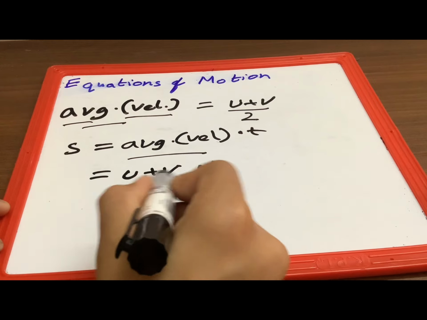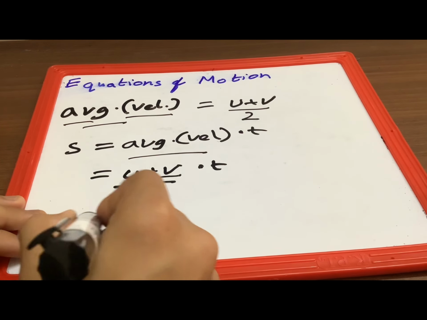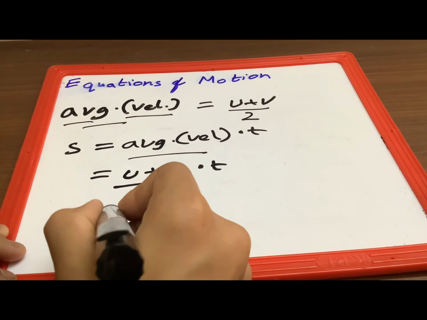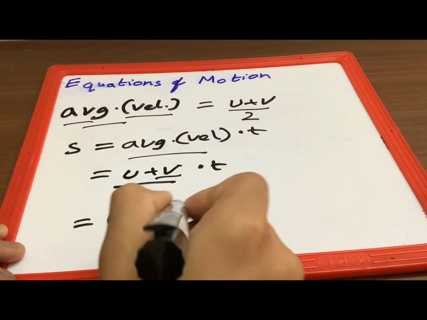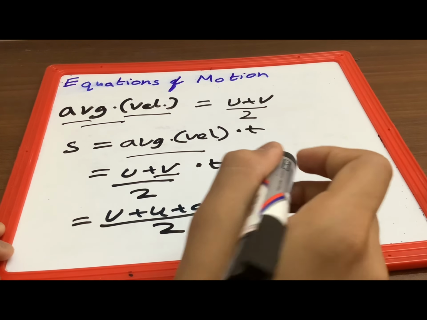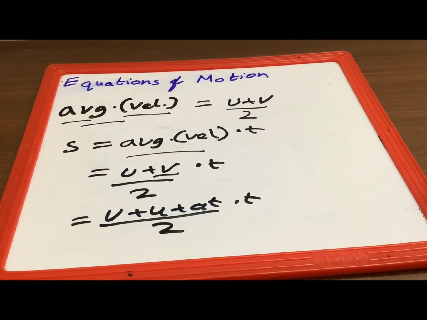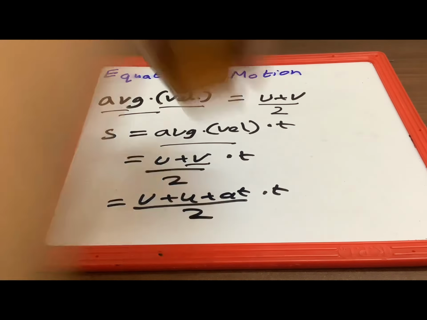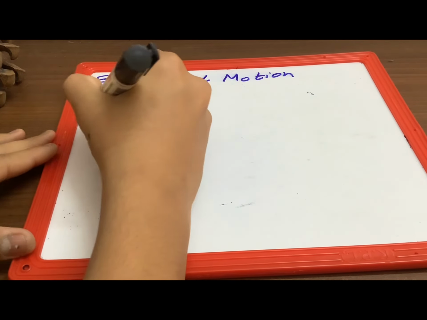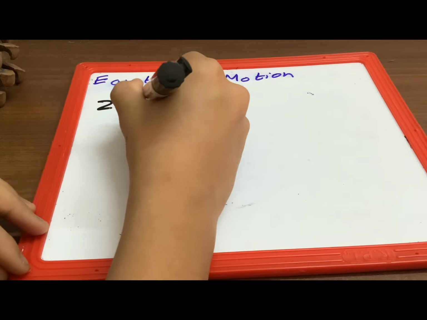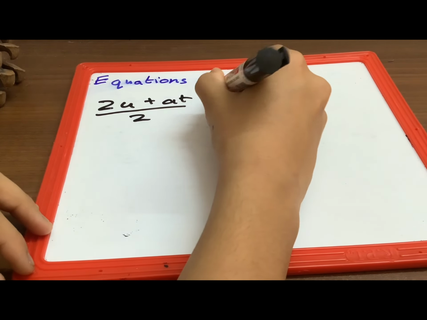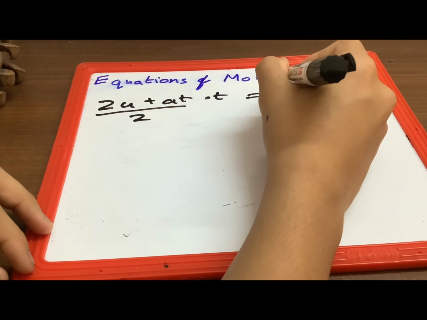Now, if we substitute velocity from the first equation of motion, which was u plus at, we get u plus u plus at over 2 into t as displacement. This becomes 2u plus at over 2 into t as displacement.